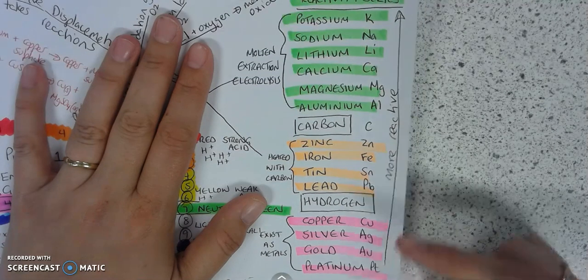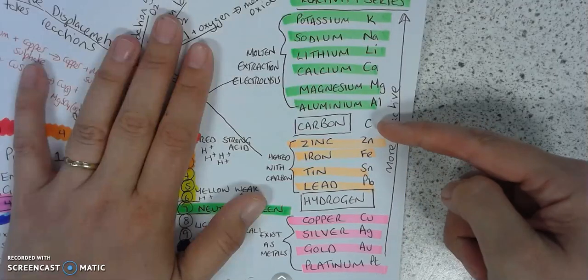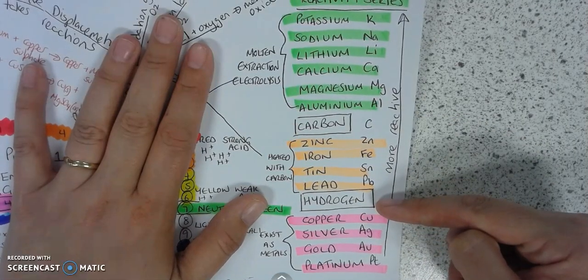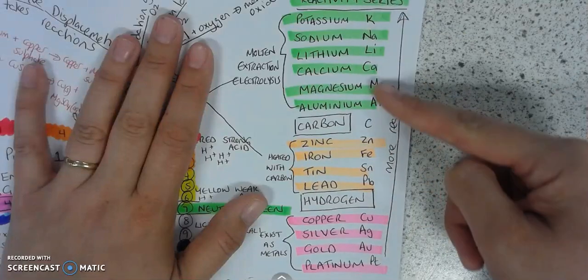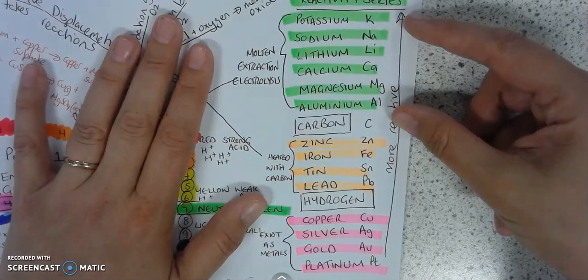Now you will notice in here you've got two non-metals. So you've got carbon at this point and you've got hydrogen at this point. And that helps us to put this reactivity series into order and also to tell us some of the different properties.